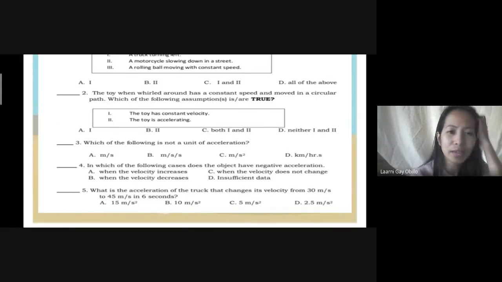Okay, for number 5, what is the acceleration of the truck that changes its velocity from 30 meter per second to 45 meter per second in 6 seconds? So 45 minus 30, that is 15, divided by 6.